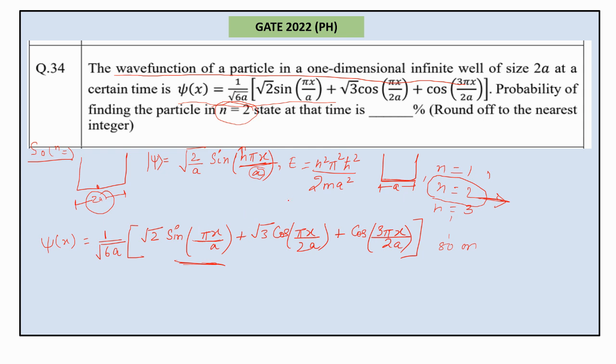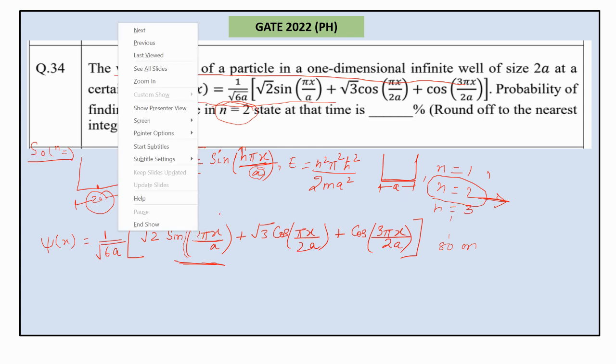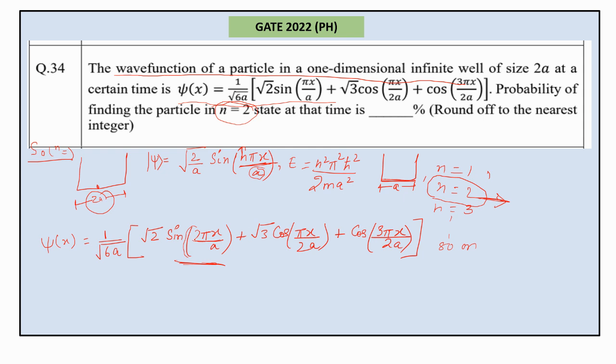If I multiply by 2 in the numerator and denominator also, then match these two brackets, all the terms inside the bracket. This 2a will define the dimension of the well, because here the dimension is 2a, and this 2 will define the n is equal to 2 state, right? So you need to find the probability of finding the particle in this state.